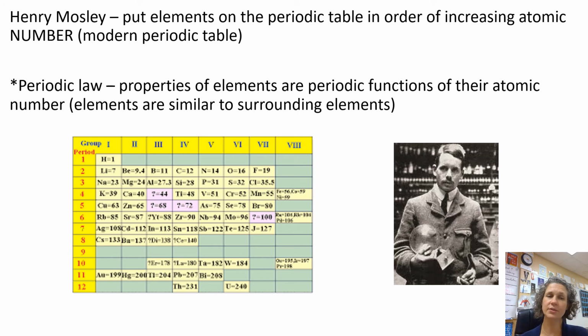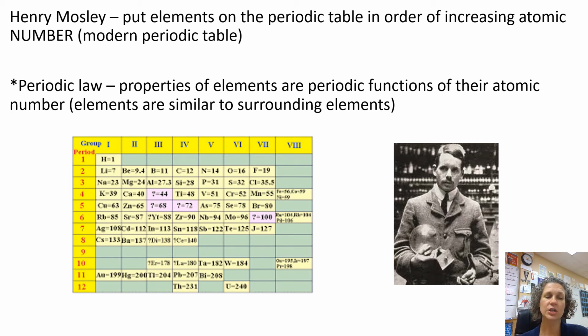And what they realized after they started organizing them was this concept of a periodic law, which says that the properties of the elements are periodic, or are gradually increasing or decreasing functions of their atomic number. Basically, this is saying that elements were similar to their surrounding elements.